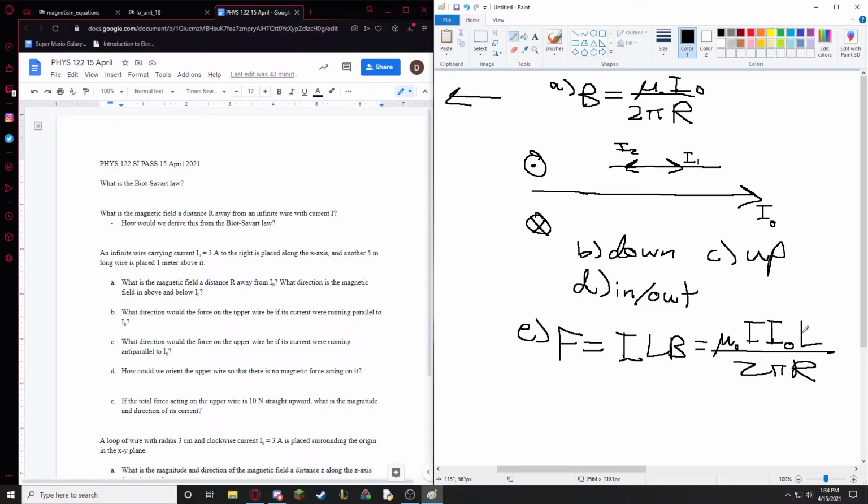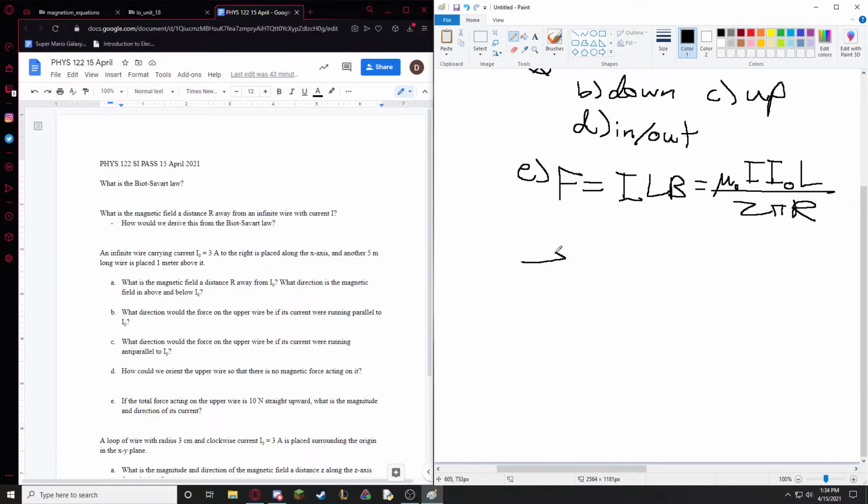We have the length of the wire, it's 5 meters. We have our force, 10 newtons. We have our I naught. Now we just need to solve for I. So I is equal to 2 pi r F over mu naught I naught L.